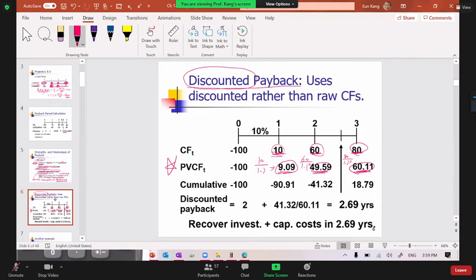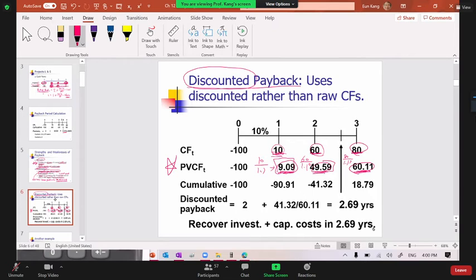Without that, if I say, what is the payback? It's just simple payback, without the time value of money. So this is not difficult, right? All you have to do is take one more step, that is change cash flow into present value. That's it. Then apply the same technique to those present values.